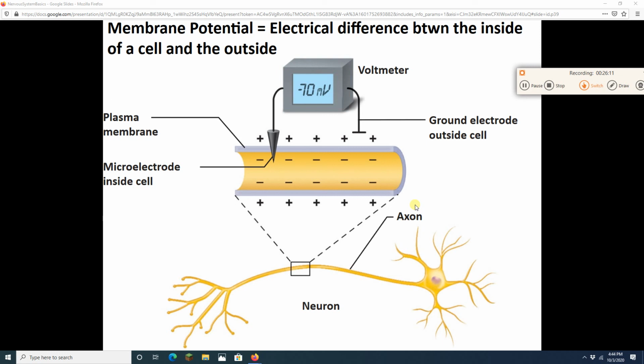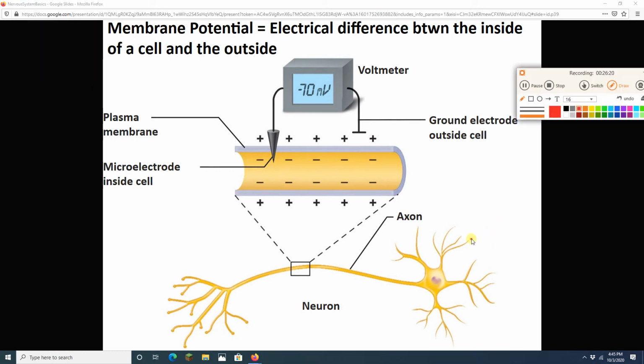We know neurons are going to send electrical signals. An electrical signal will go from one end of a neuron, like from this dendrite tip right here, all the way to this axon terminal right here. An electrical signal will run all the way like that.